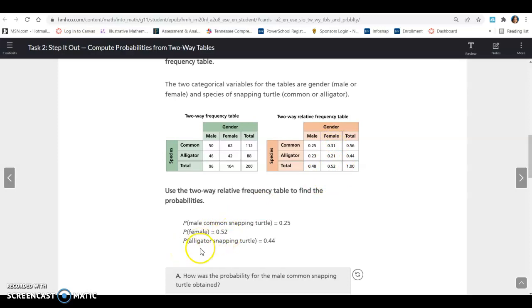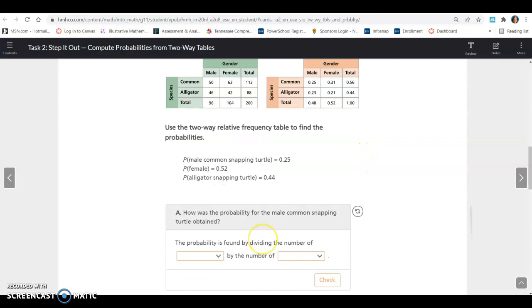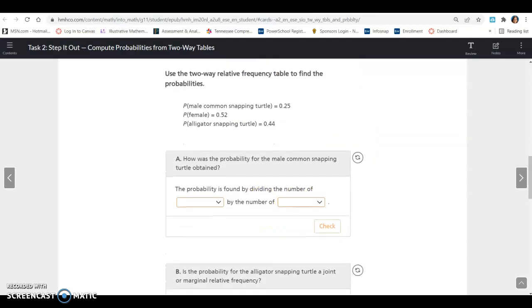And then the probability of alligator snapping turtles. An alligator snapping turtle goes across this row, so with males and females together, 44% are alligator snapping turtles. How is the probability for the male common snapping turtle obtained?